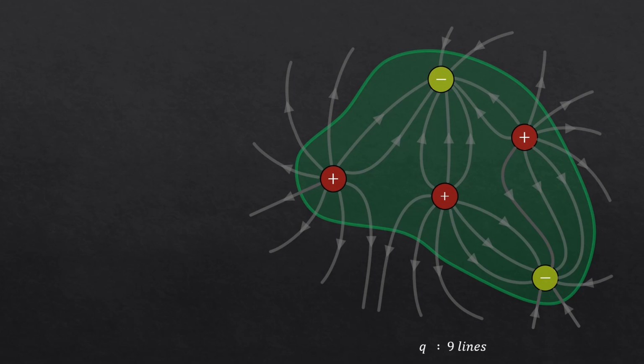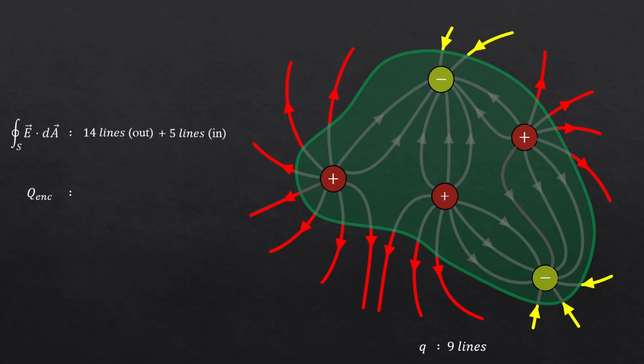Alright, so let's count the numbers of lines going in and out. These lines are going out, and these lines are going in. We have 14 lines going out, you can count that, and 5 lines going in. So this is 9 lines going out in total.